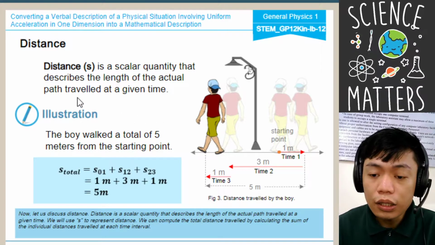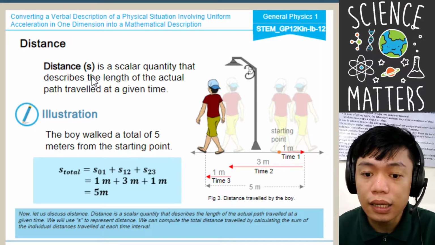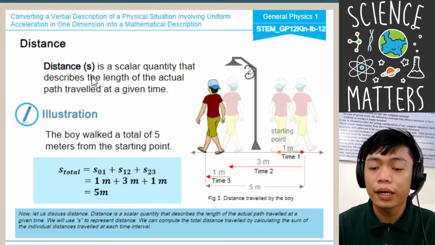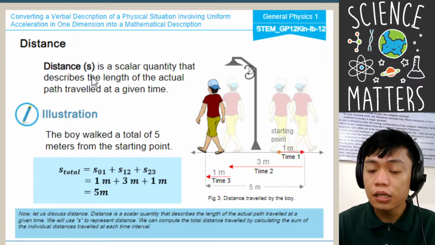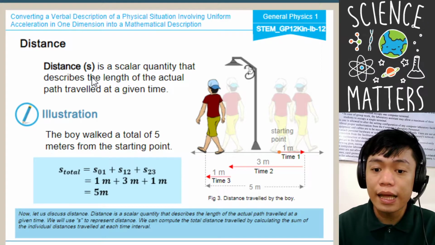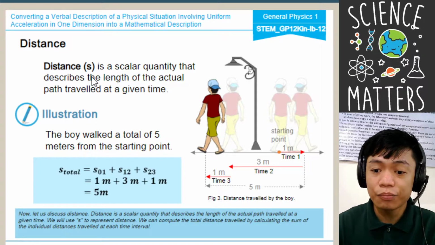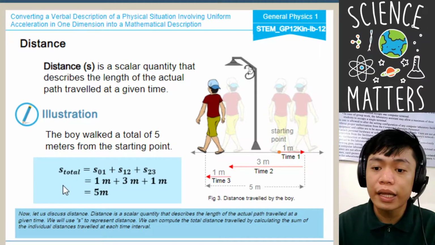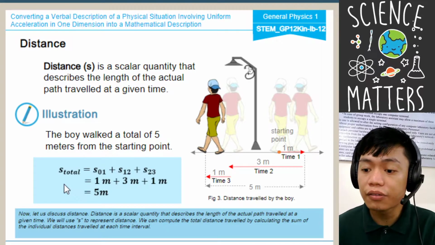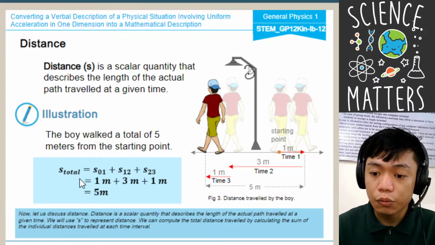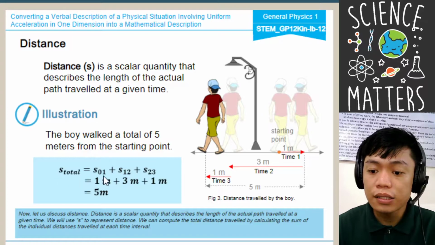Take note that S is the symbol for distance. What is the symbol for position again? The symbol for position is the letter x. In order for us to identify the total distance traveled by the boy, we need this formula.